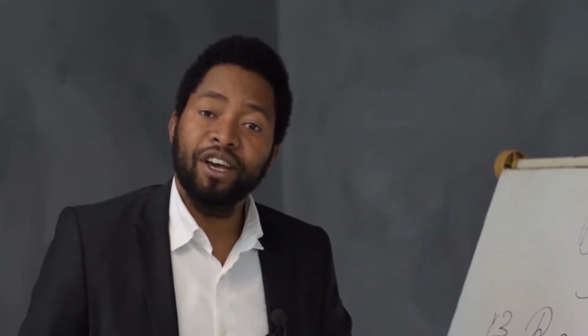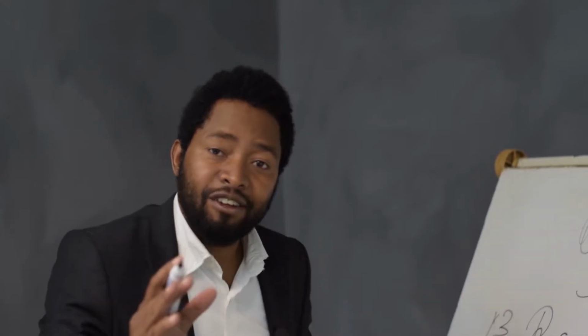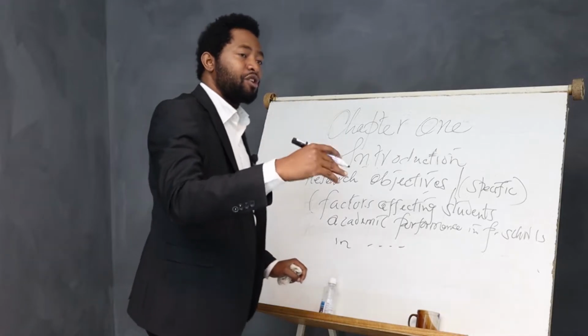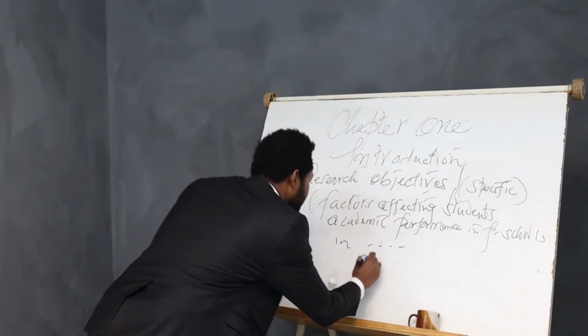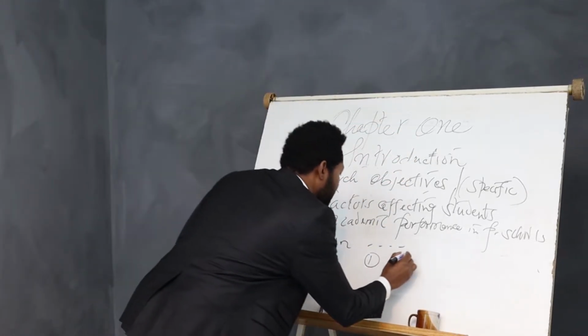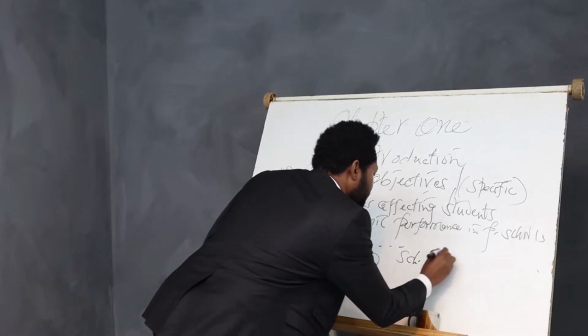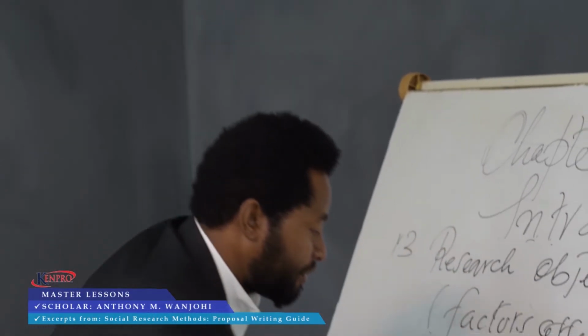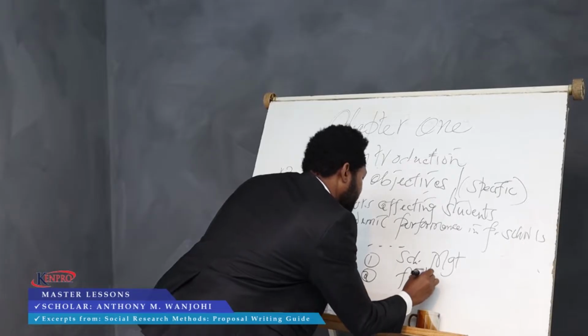And then we have the specific objectives. The answer to the general research question, what are the factors affecting students' academic performance, is one, maybe school management. Two, maybe school facilities.